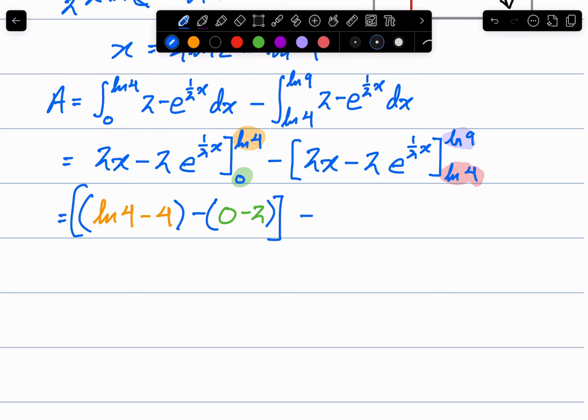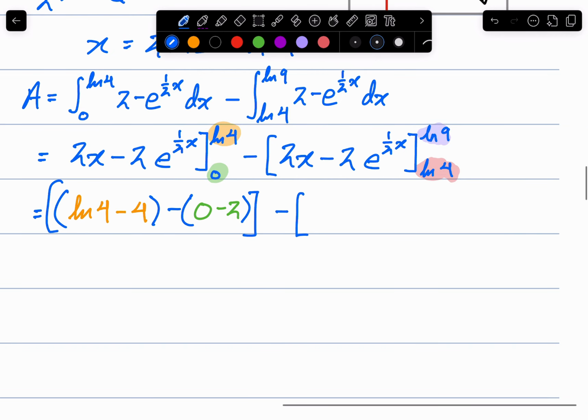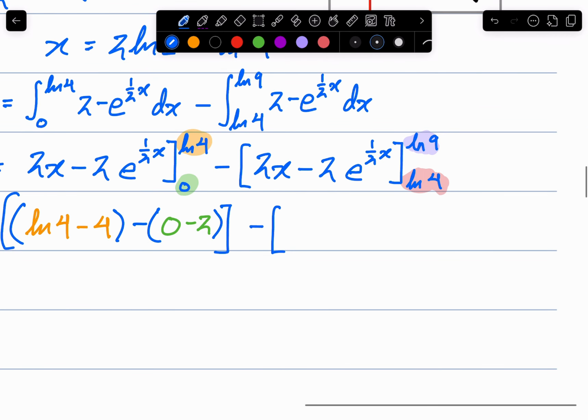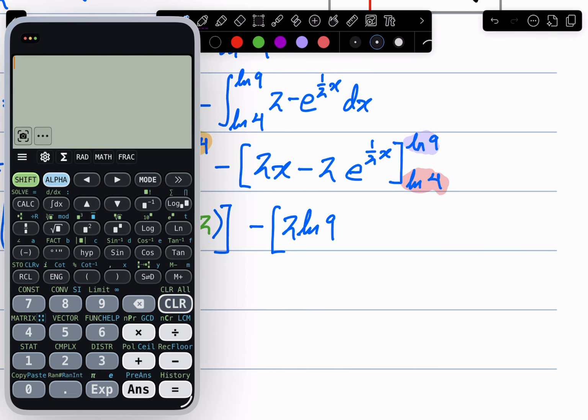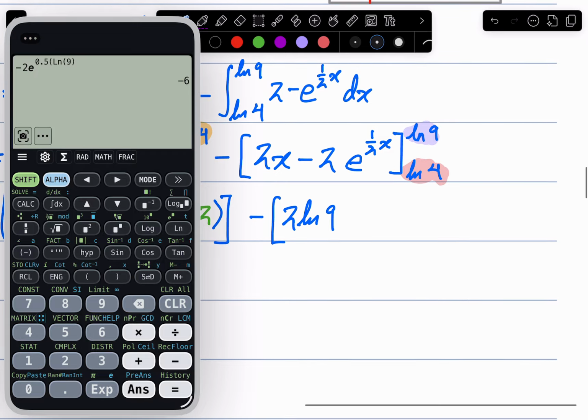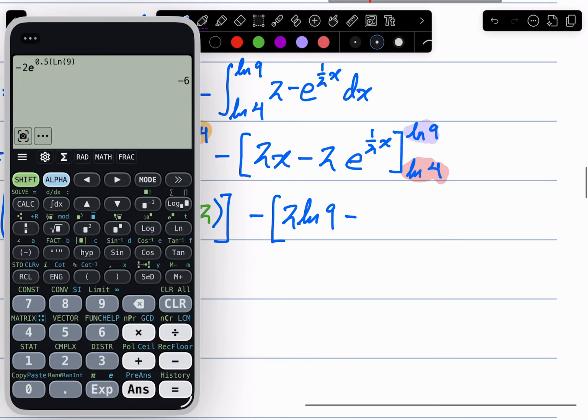From this, we're going to minus. And from here, I think it's just a lot easier if I were to just use my calculator for this one. This becomes 2 ln9, minus 2e to the power of half ln9.